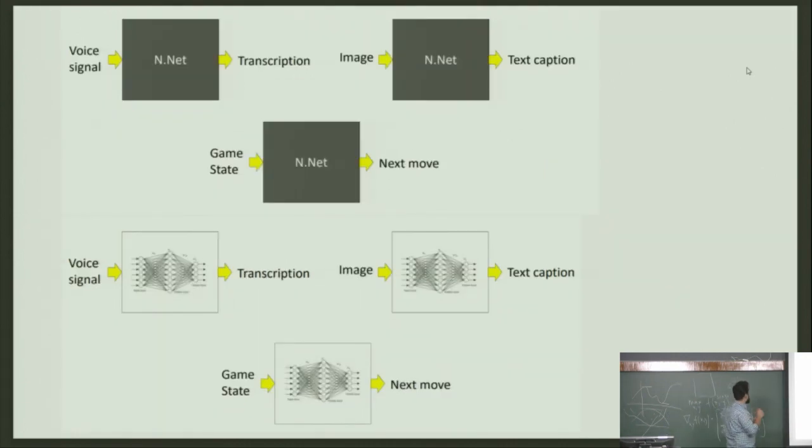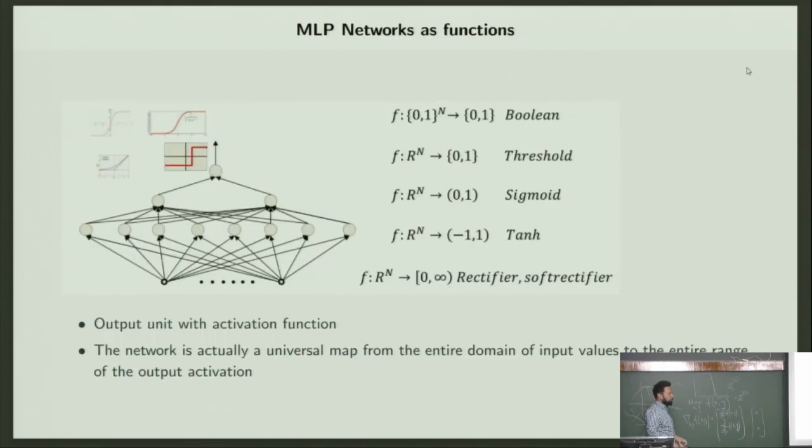So now we more or less have an answer to what is in this black box, where a voice signal goes in and transcription comes out, images go in and a text caption comes out, game state goes in and the next game move comes out. There is this neural network power driving most of the revolution of machine learning. Even the generative models that we will see rely heavily on neural networks.